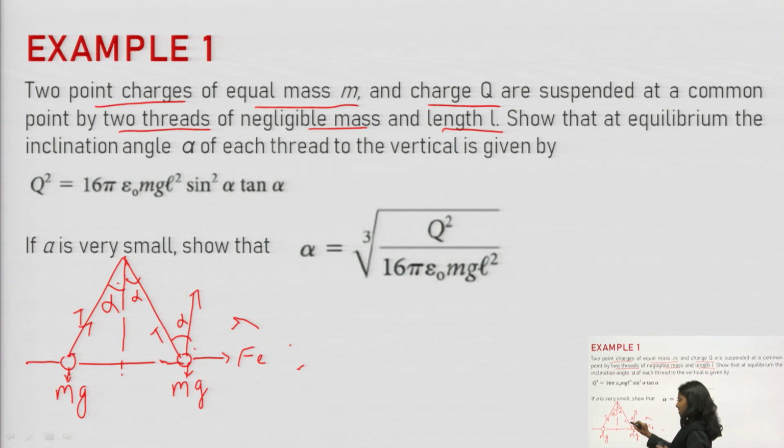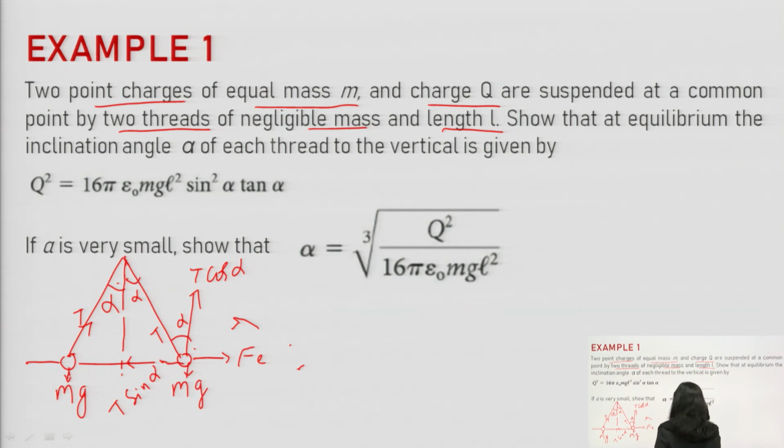If tension is acting in this thread, then its vertical component will be T cos alpha. T cos alpha is balancing mg; what is Fe balancing? The other component of T will be in this direction, which is T sin alpha.